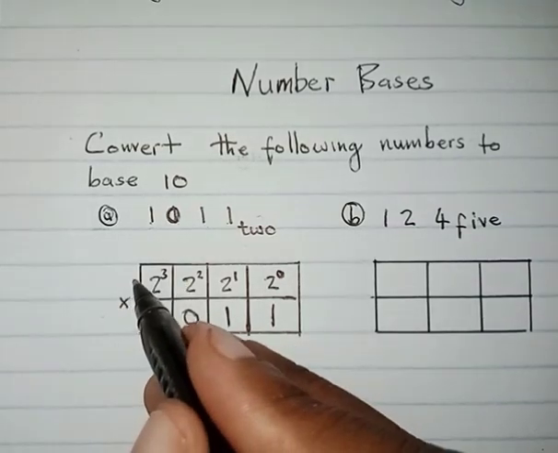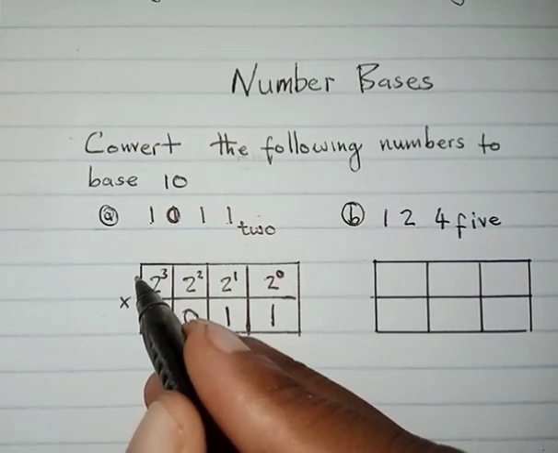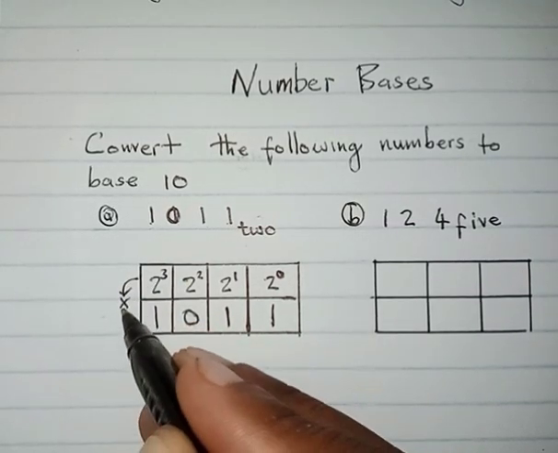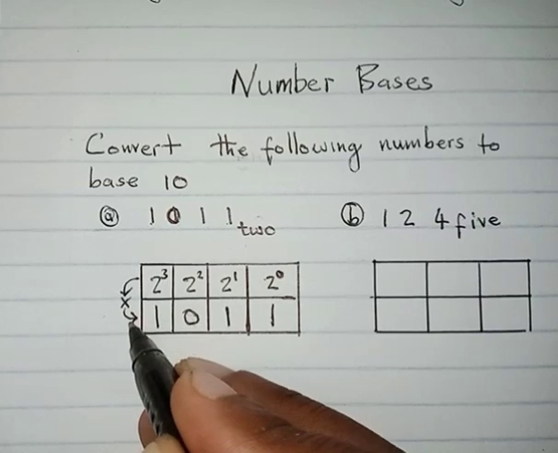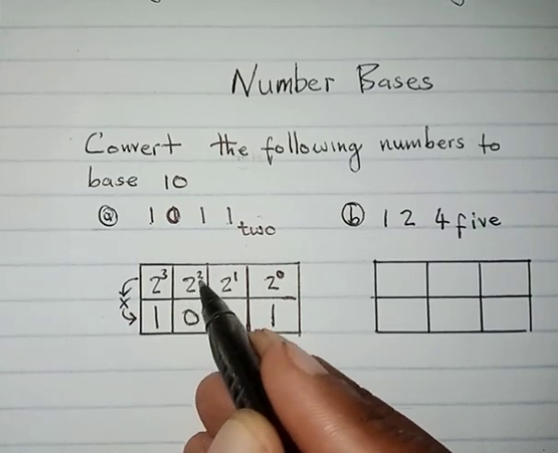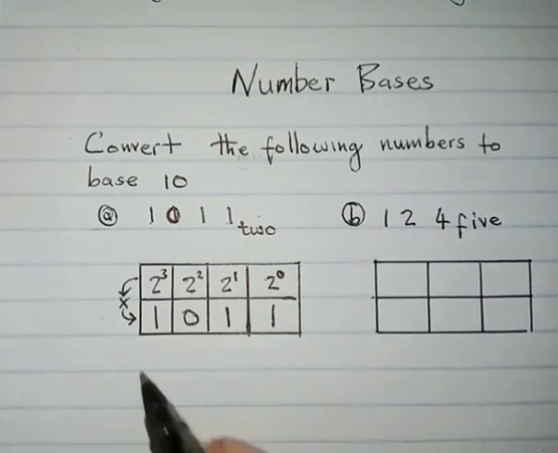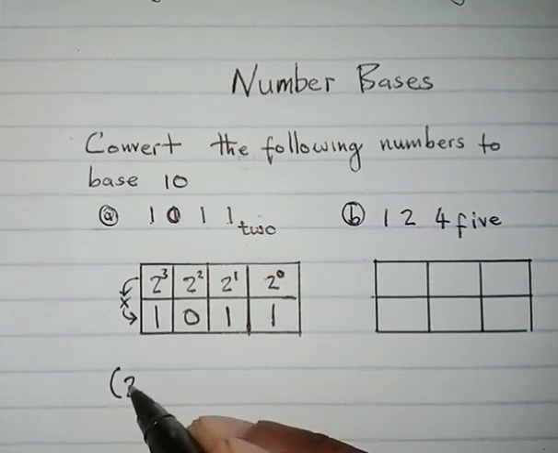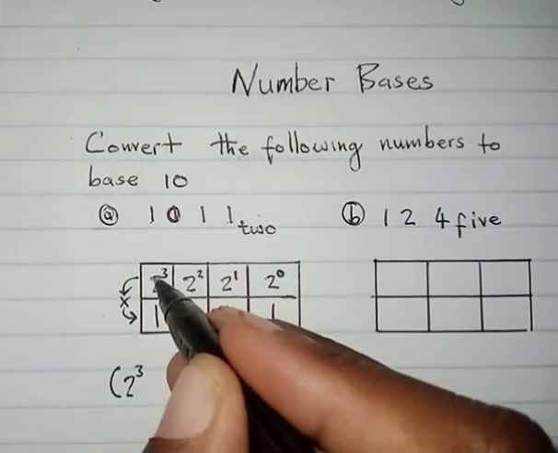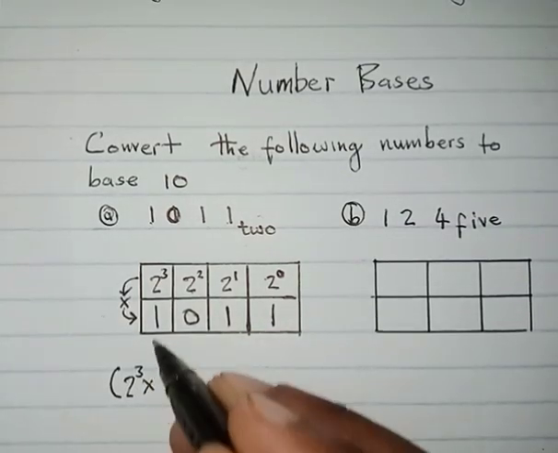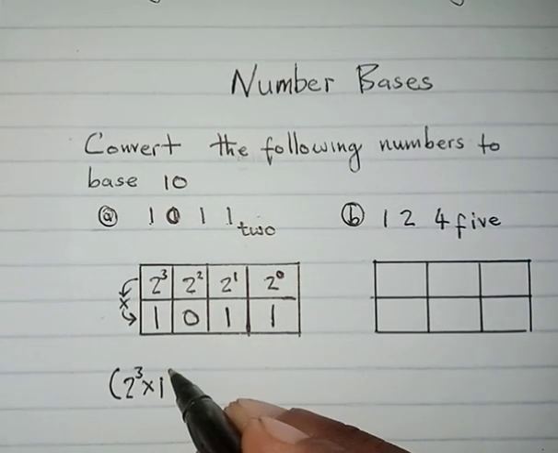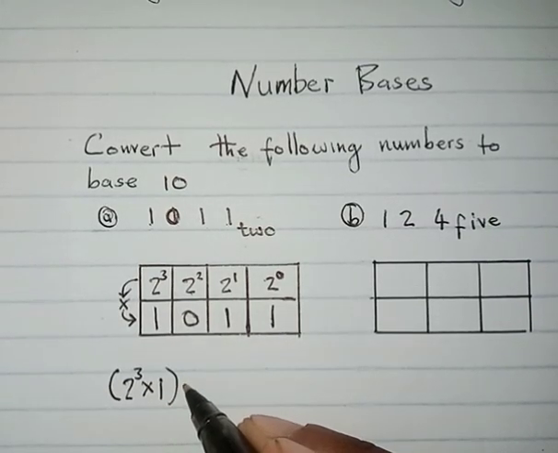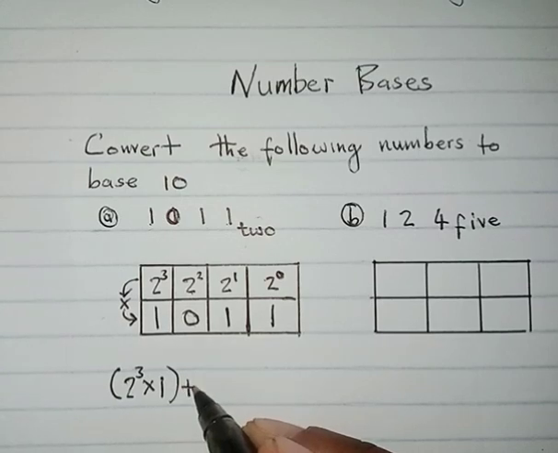We multiply 2 to the power 3 by the 1, then we add with the next box. So I'm going to write it down. For the first digit, we have 2 to the power 3 times 1. Then for the connection, we put addition.